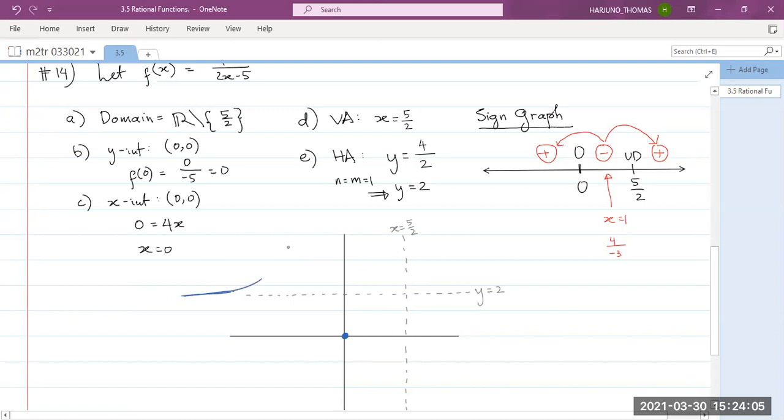Now, the issue is, do we go up or do we go down? There are two ways to figure this out. You do testing, you pick some coordinates here to plug in the numbers, okay? But with some thinking, you will see that it will be the one going down. Why? If it goes up, then you must have a y-intercept there, and you don't have an x-intercept here. Okay, so it won't be this one.